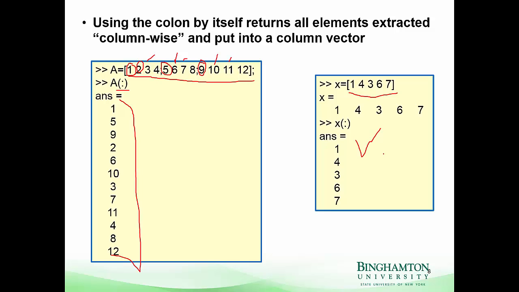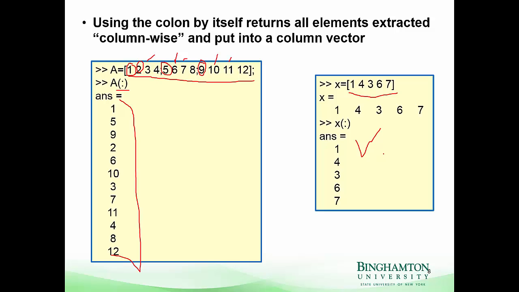So this is actually kind of nice in that later on when we're writing MATLAB functions, which are MATLAB programs, and we're asking for a user to put in stuff, we may be expecting the variables that we're working with to be column vectors, but the user might put it in as a row vector.